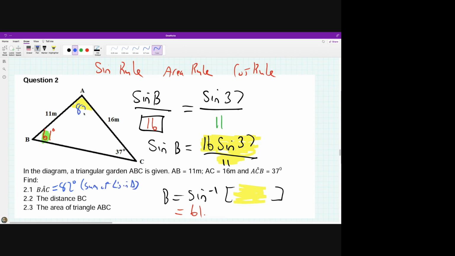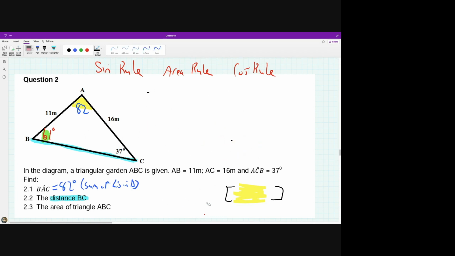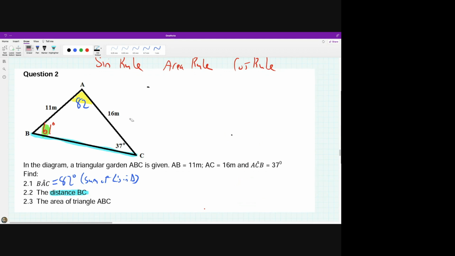Okay, this is fantastic news, because in the next question, it says, what is the distance BC? And BC is the length of a side sitting over here. What tool should I use to find BC?